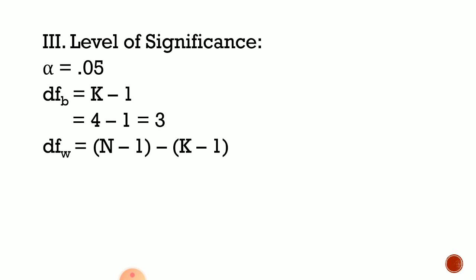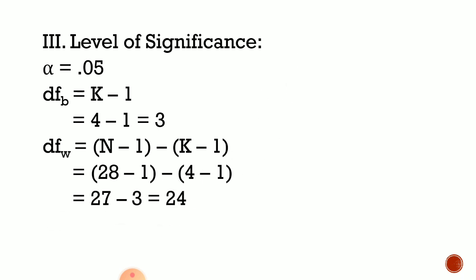All in all, we have a total sample size of 28: 7 for group 1 or brand A, 7 for brand B, 7 for brand C, and another 7 for brand D. So that is 28 minus 1 minus 4 minus 1. Therefore, that is equal to 27 minus 3, which is equal to 24.